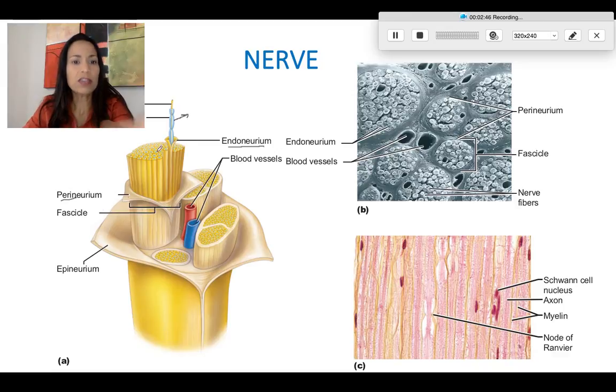So what is a fascicle? A nerve fascicle is a bundle of axons, each axon covered by the endoneurium, and the fascicle covered by the perineurium. If you grab several fascicles all together and wrap them in another thicker layer of connective tissue called the epineurium, you have a nerve.